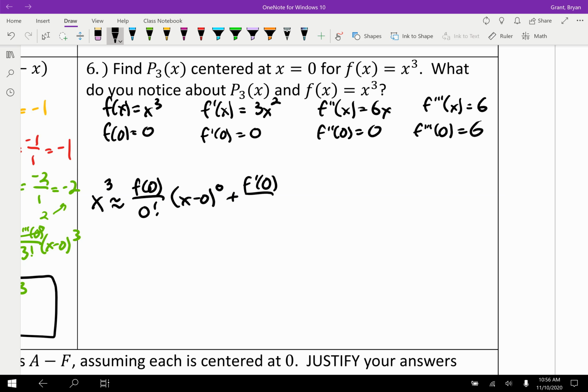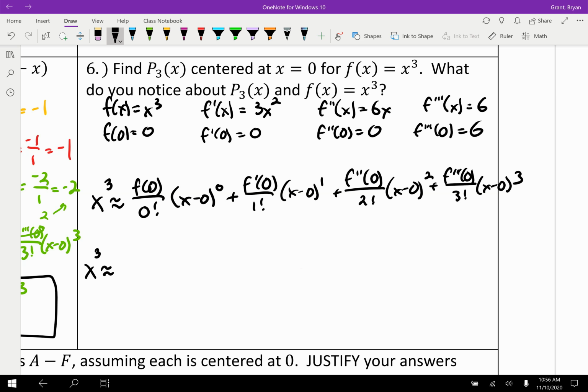First derivative, okay, second derivative, and third derivative. Simplifying this down, x cubed is approximately equal to, well, that's 0.